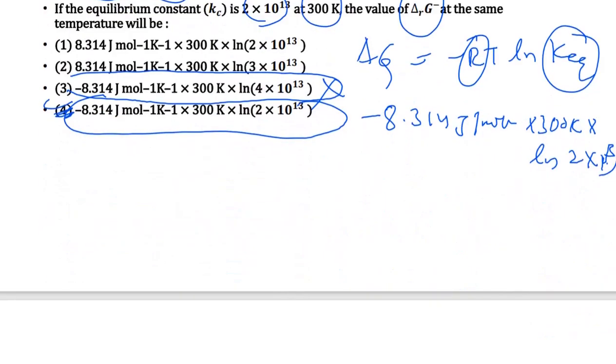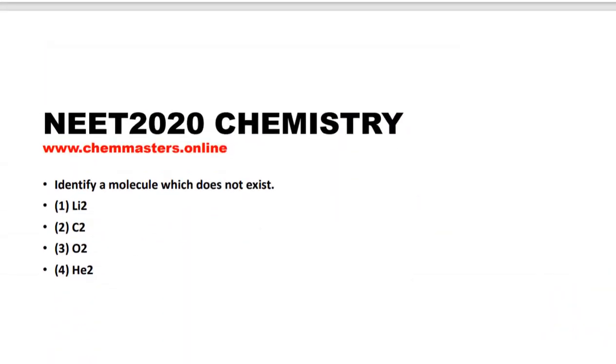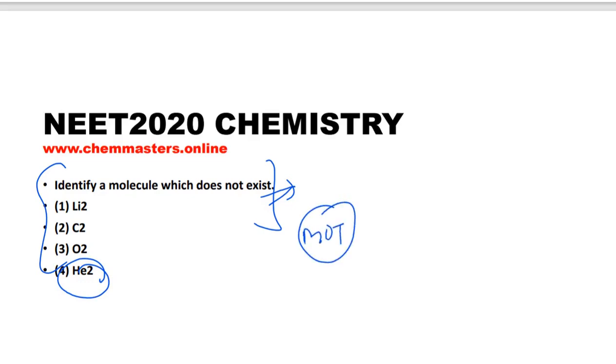Okay, right. And the next question: identify a molecule which doesn't exist. The same question was already discussed on our ChemMaster official YouTube channel, you can check it. Now simply, helium is the correct answer, because we can use the MOD, molecular orbital diagram, and from that we can find the bond order. Bond order equals half times the number of electrons in bonding molecular orbitals minus the number of electrons in anti-bonding molecular orbitals.